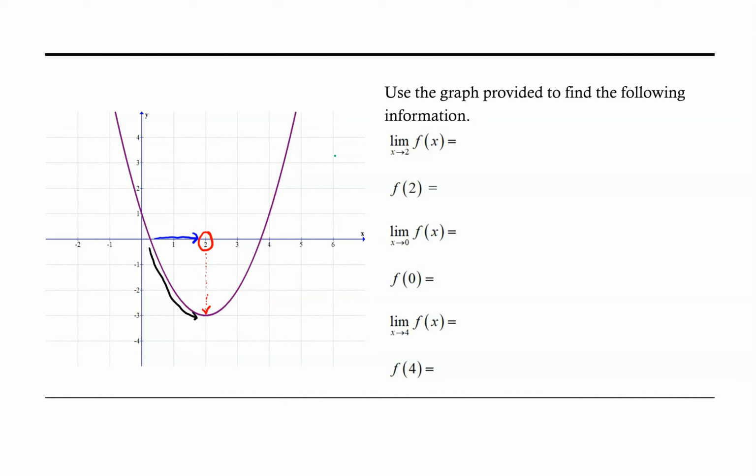We can see that they're negative and getting even more negative. What is happening though is those values are getting closer and closer to the limit. And the limit would correspond to what's happening in a neighborhood right around x equals 2.